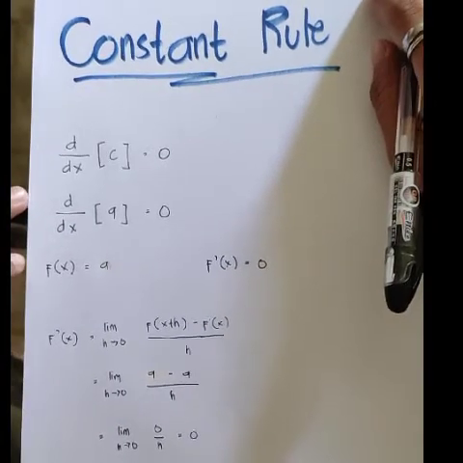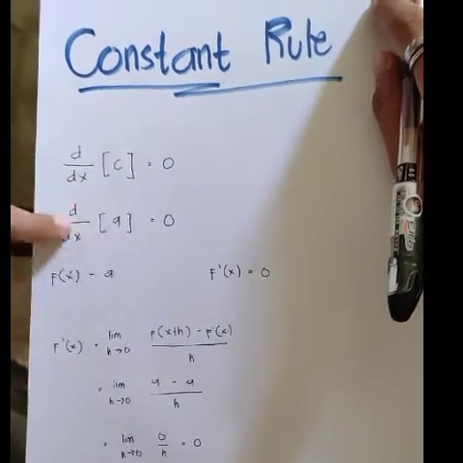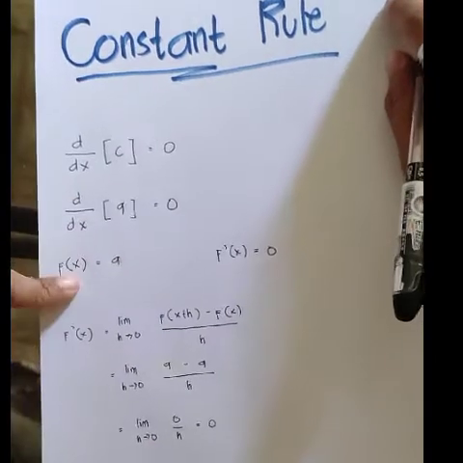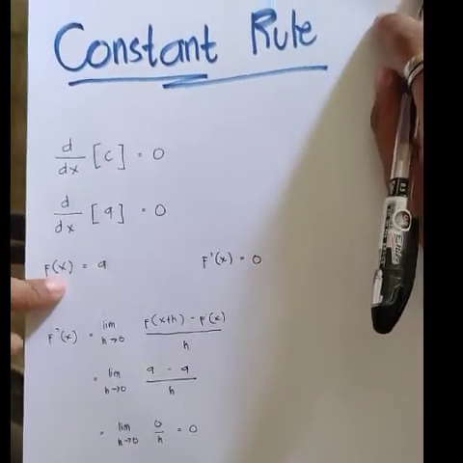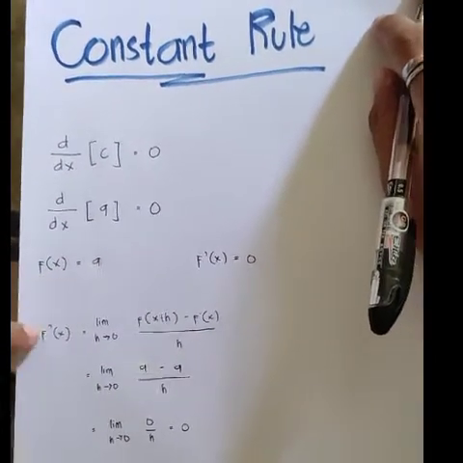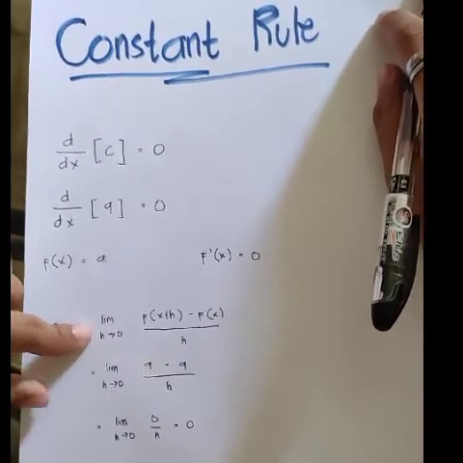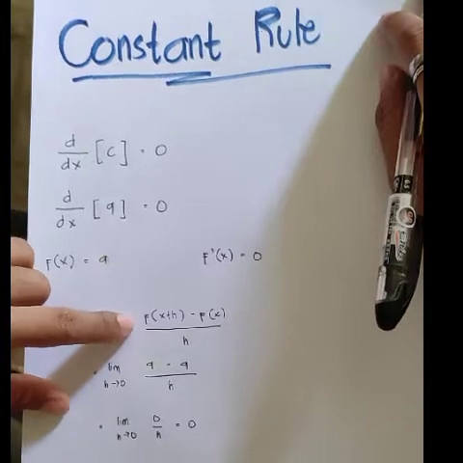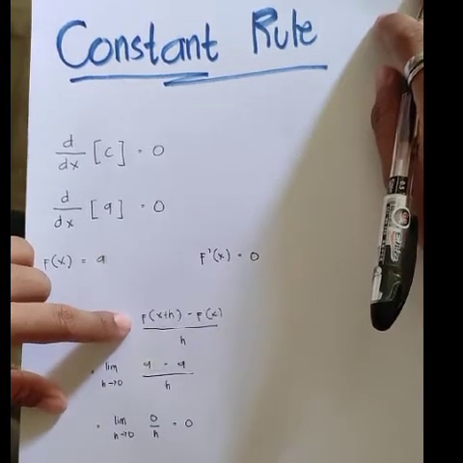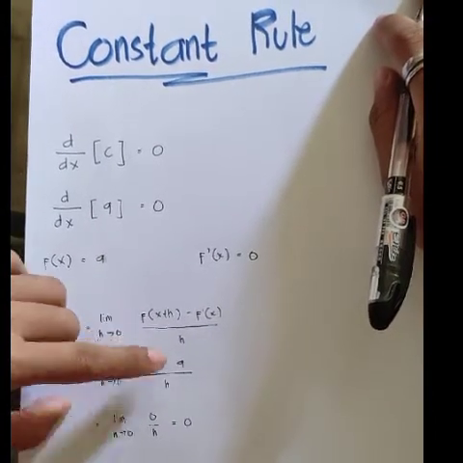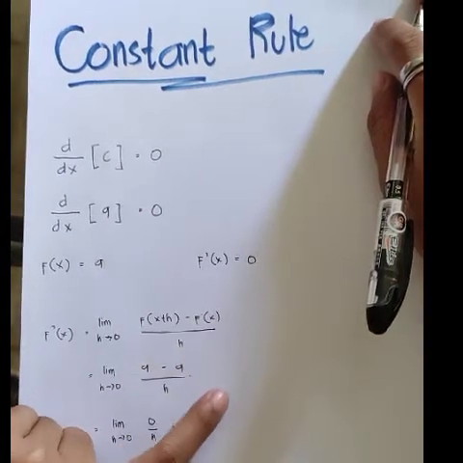So we prove that this equation is true using the definition of the derivative. f'(x) is equal to the limit as h approaches 0 of f(x + h) minus f(x) over h.